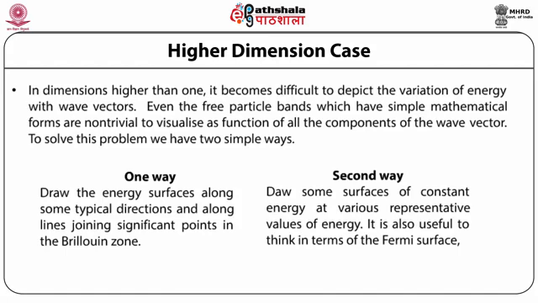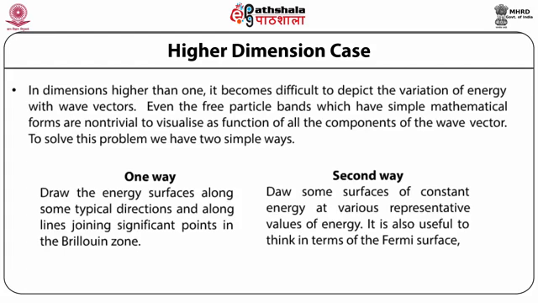It is also useful to think in terms of the Fermi surface, which is the energy surface below which all states are occupied for non-interacting electrons at zero temperature. The energy of the Fermi surface is associated with the electron density or number of electrons per cell. Both ways are employed.